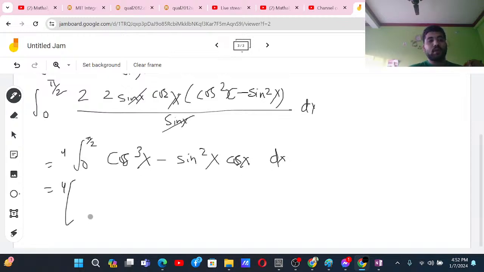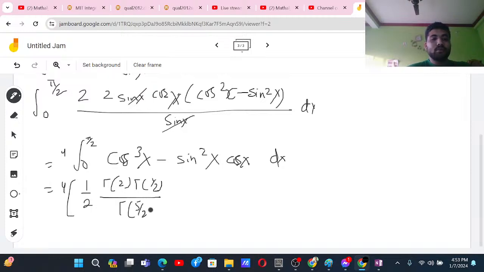So 4 times 1 by 2 gamma 2 gamma 1 by 2 by gamma 5 by 2, minus 1 by 2 gamma 3 by 2 gamma 1 by 2 by gamma 2.